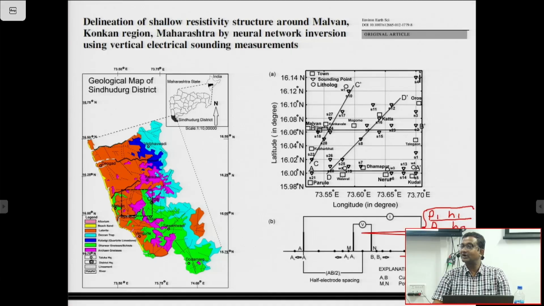So if the 4-layer case is there, the number of parameters in your 1D resistivity sounding is 4 resistivities and 1 less thickness, because the last layer thickness goes to infinity. So your problem will be like that.